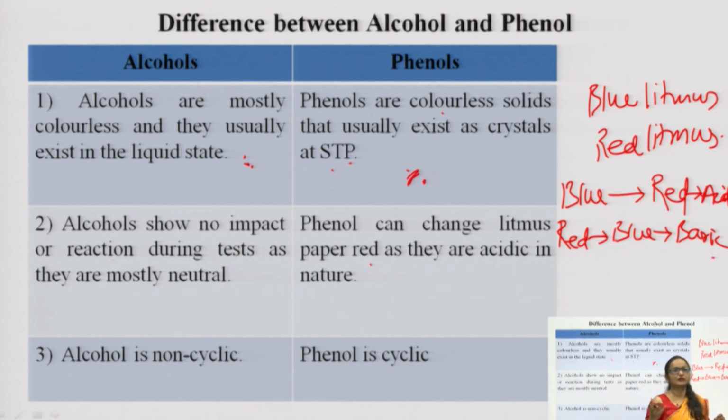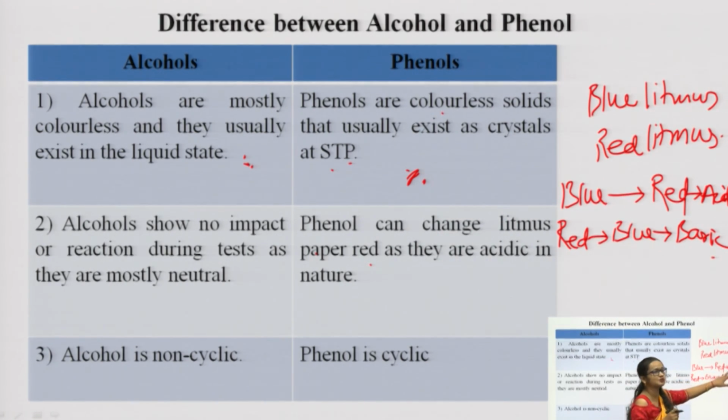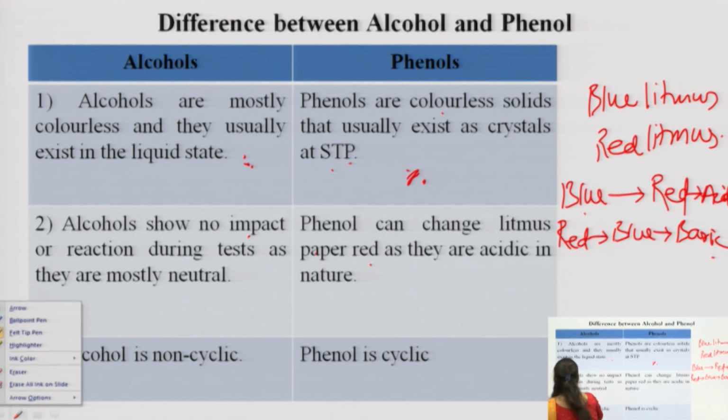So the important difference is that when phenol is poured on blue litmus paper, it changes to red, which shows it is acidic in nature, while alcohol does not change it to red, showing that it is not acidic in nature.